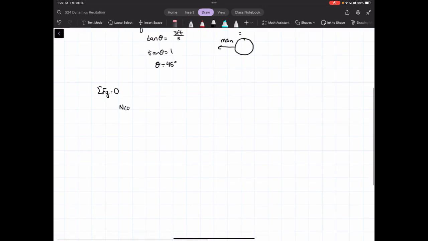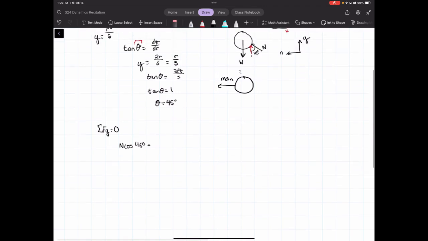So n cosine 45 degrees, and then we'll subtract the weight because we're going in the other direction. So that's mass times gravity. And then that's just going to equal 0. We can leave that there. Let's get it set up so we can solve for n. So we'll have mg divided by cosine 45 degrees.